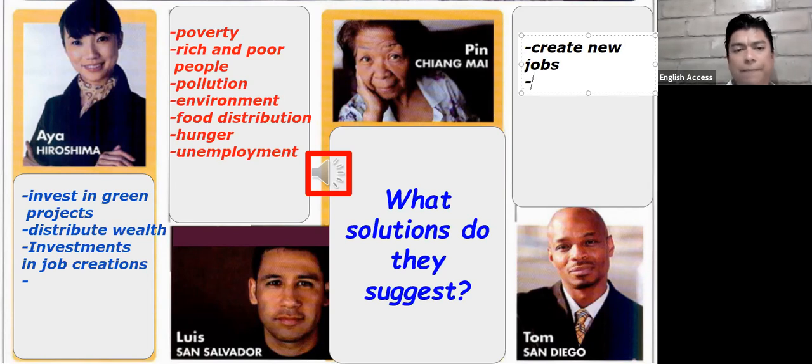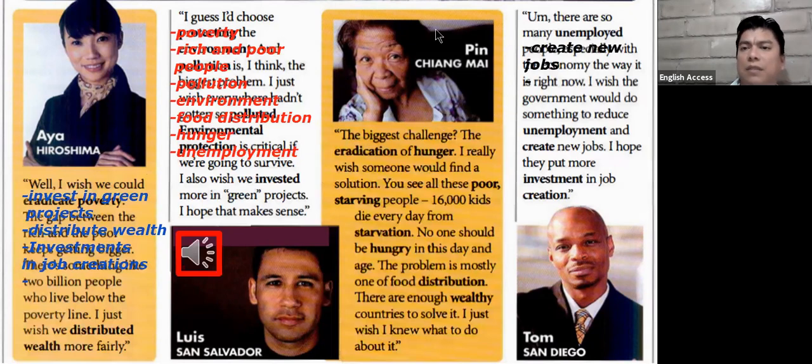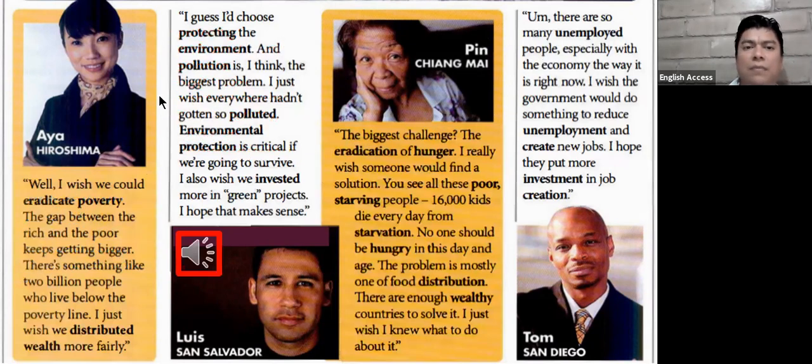What more? Only that? Okay. Now you can go ahead and open your books so you can see the article. Okay. Open your books, page 54, and let's listen and read at the same time.